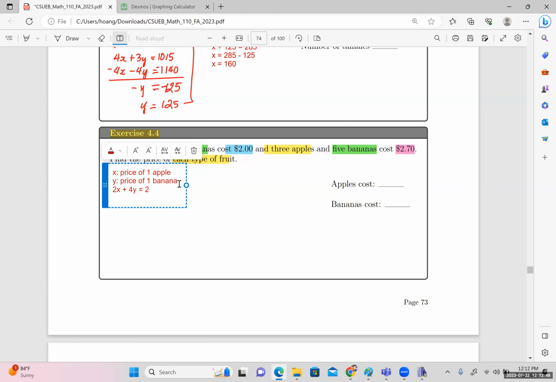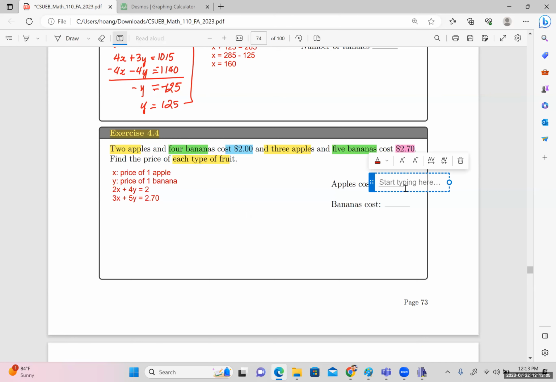And the other one is going to be 5 apples plus 3 bananas, and that's going to be 2.70. So try to solve this, and you will have the answer key: the apple costs 40 cents for 1 apple and 30 cents for 1 banana. Got it?